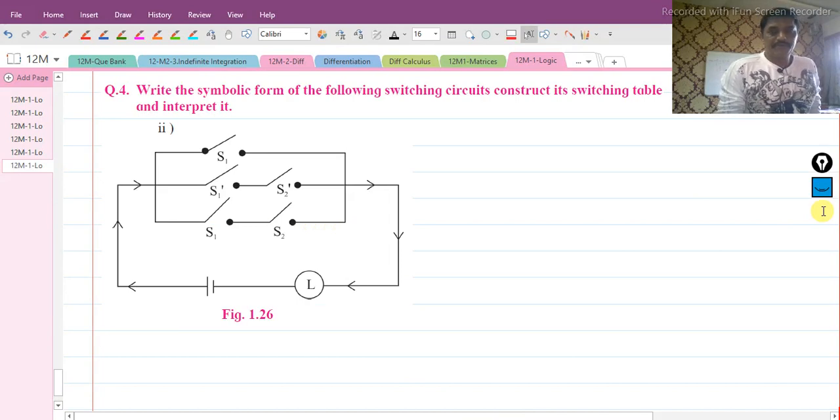Write the symbolic form of the following switching circuits. Construct the switching table and interpret the result. चलिए शुरू करते हैं.